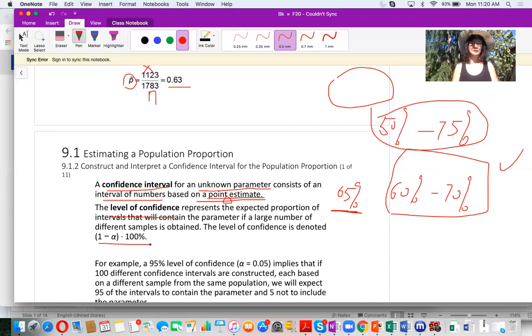Alpha is the level of significance. And 1 minus alpha times 100 is usually in the format of 90% or 95% or 99%. Those are three popular levels of confidence.